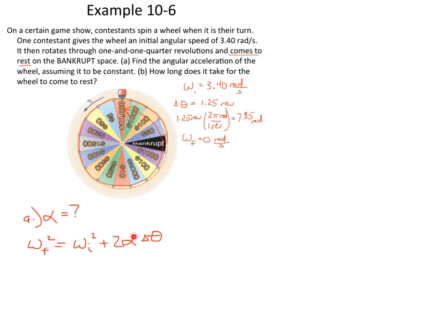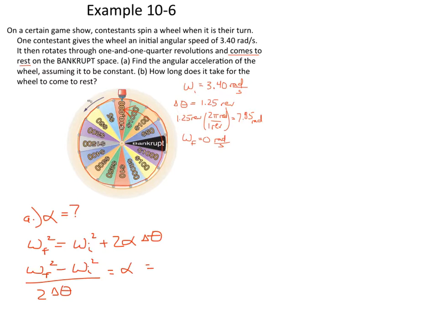So alpha equals omega final squared minus omega initial squared, divided by 2 times delta theta. Let's put our values in.